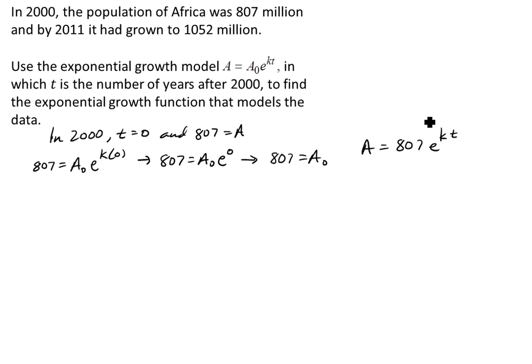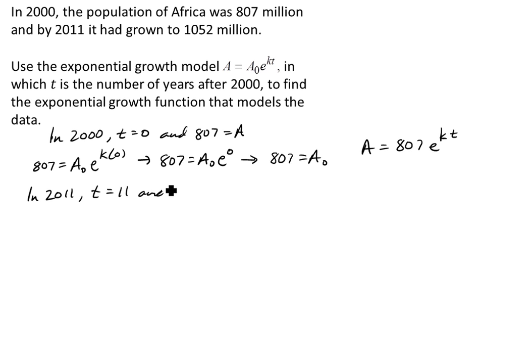Now in the end, in order to answer this question, we're looking for that exponential growth function. So I want that t to remain variable. It's the number of years after 2000. That means that all that's left is for me to figure out this value of k. In order to do that, we're going to use the second piece of information that's given, and that is in the year 2011, population is 1,052 million. In the year 2011, t is equal to 11, since that's 11 years after 2000.